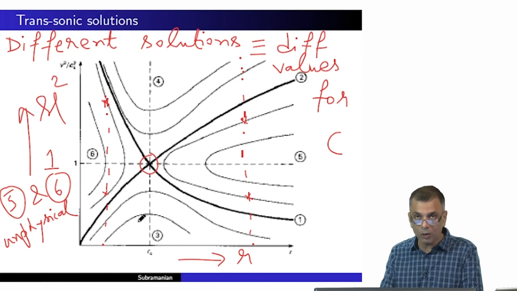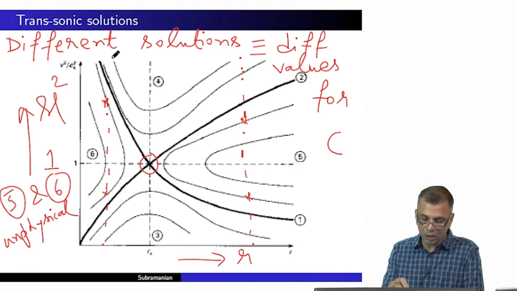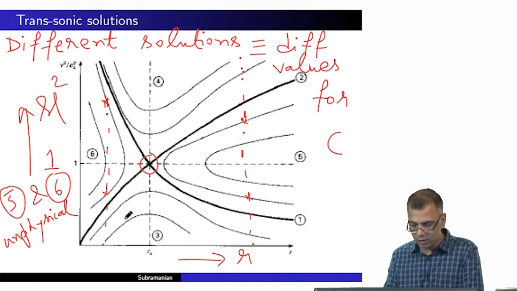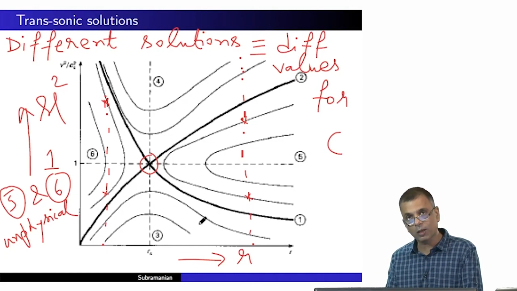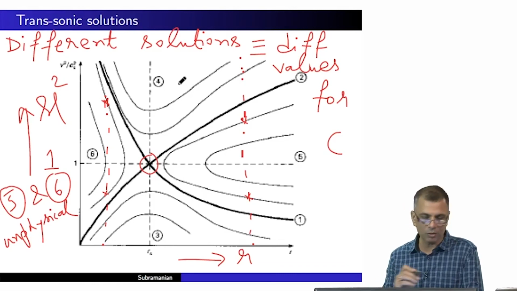You see, they are always below 1. Solutions 4 remain supersonic throughout. So, for instance, solutions 3 would be what are generally called subsonic settling flows, and solutions 4 are solutions that remain supersonic throughout.